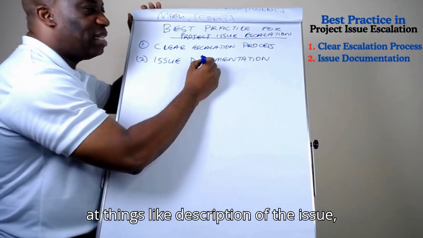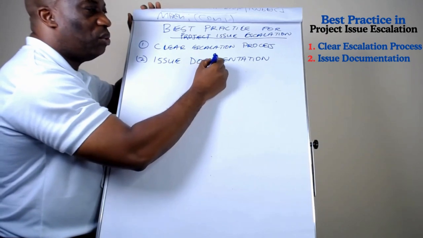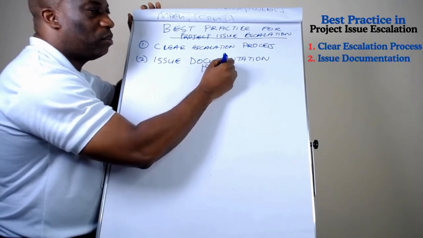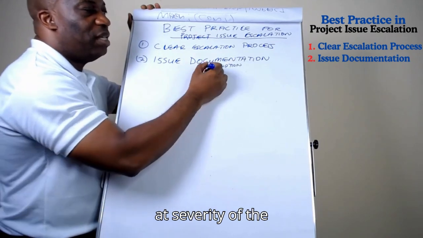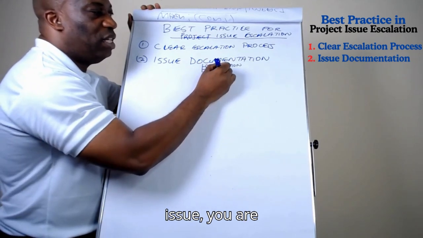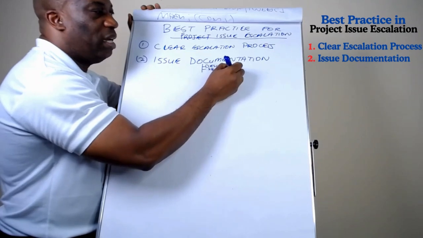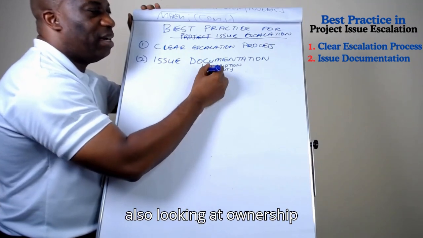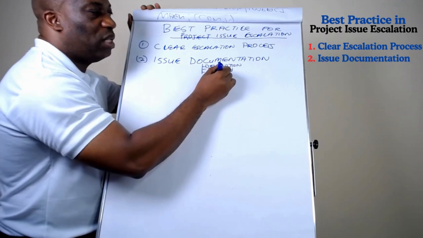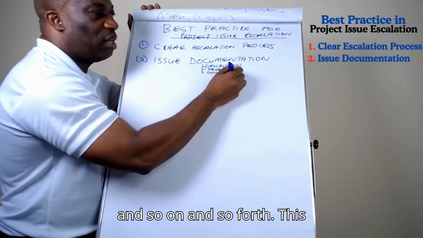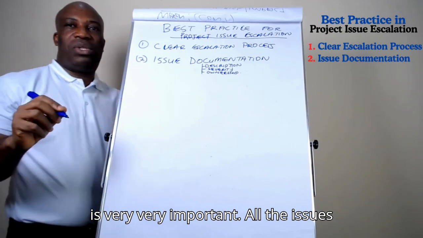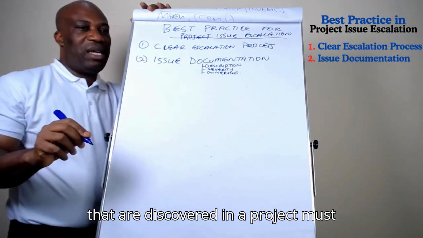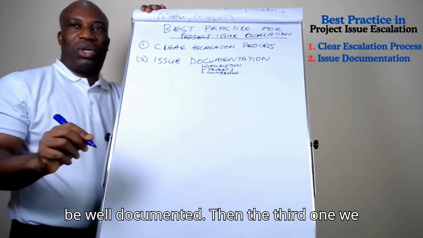We are looking at things like the description of the issue, the severity of the issue, and ownership, and so on and so forth. This is very, very important. All the issues that are discovered in a project must be well documented.